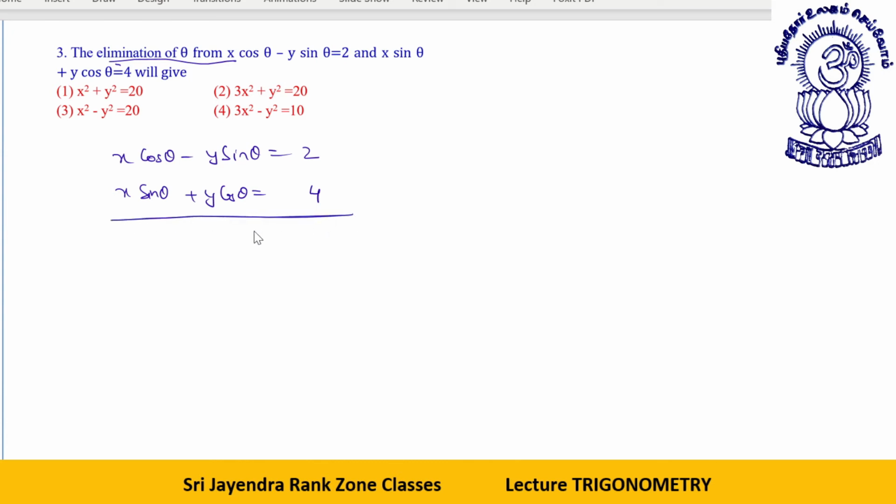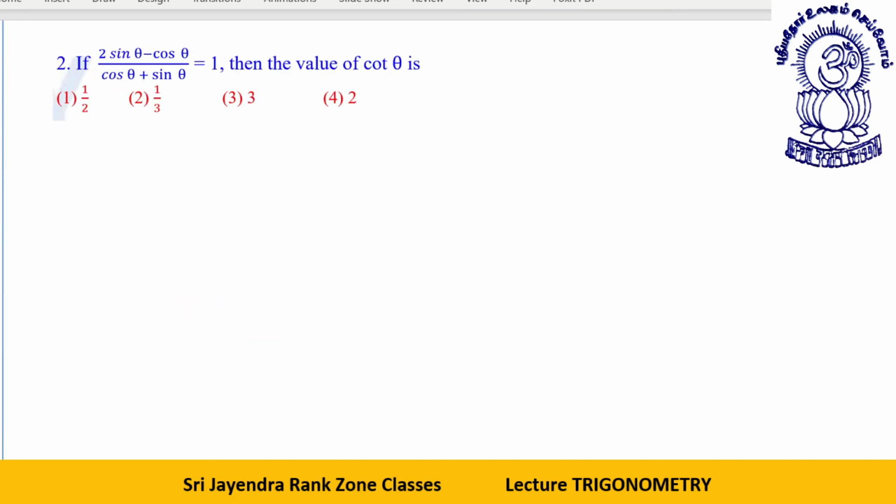So directly what you do using the property, this x square plus y square is equal to 2 square plus 4 square, or I can say x square plus y square is equal to 4 plus 16 is equal to 20. This is your answer. Option number 1 is the answer. Clear? Next one.